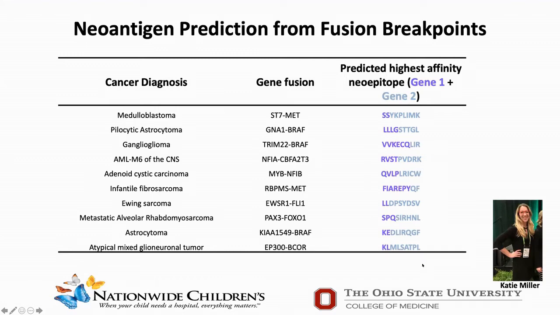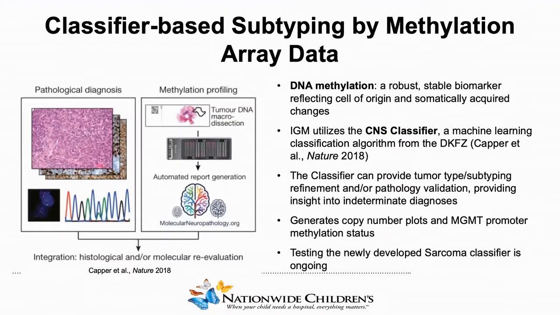So this is just one way of taking a different approach to neoantigen prediction besides the common approach, which is just to look at non-synonymous substitution mutations.